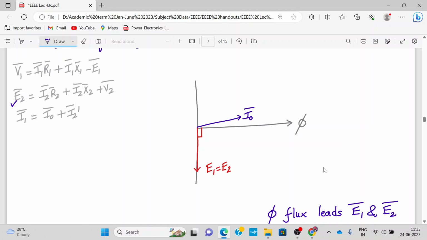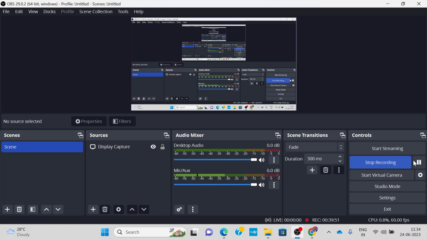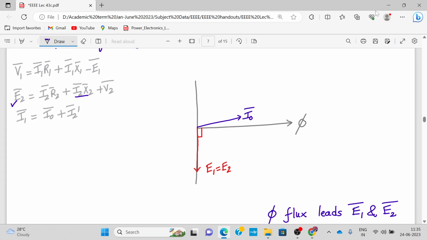There is no phase difference between V2 and I2. So V2 and I2 phase difference is not there. So first we have to draw V2.